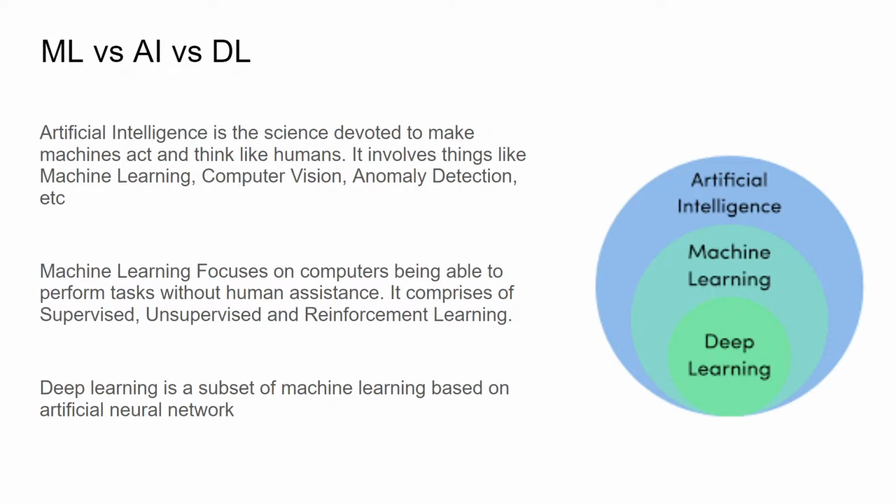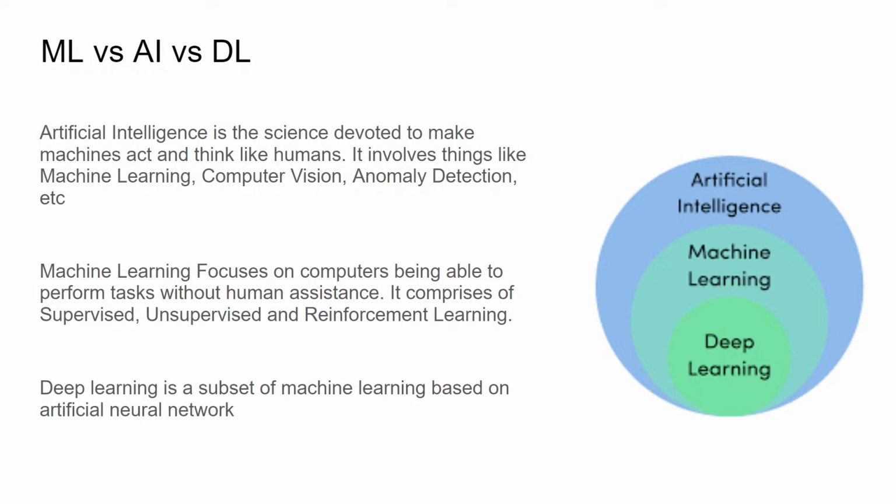Artificial intelligence is something which makes machines act smartly, close to humans. It is like when you play games and the opponent is trying to challenge you. That is also an AI, but that doesn't necessarily use machine learning or deep learning techniques.